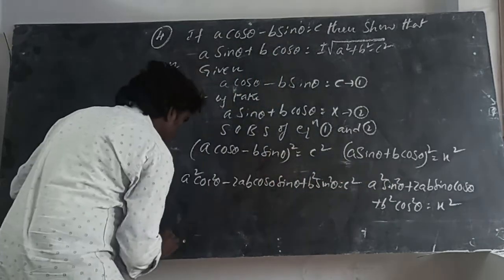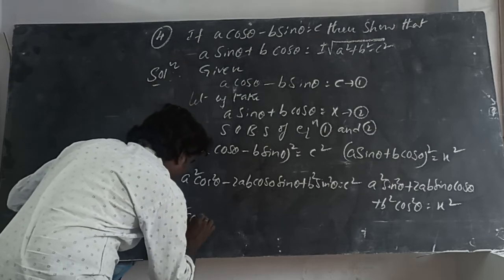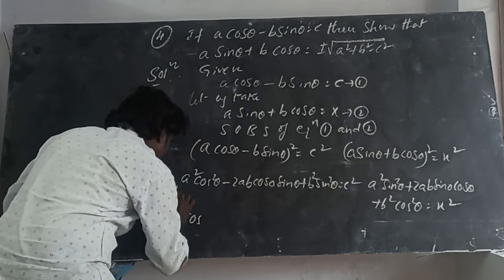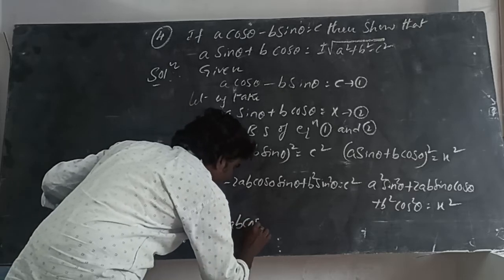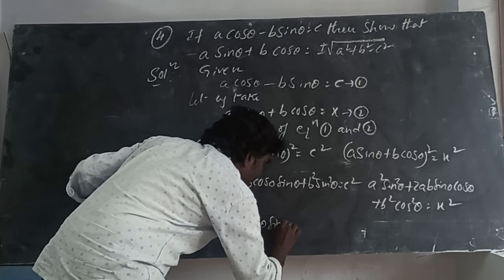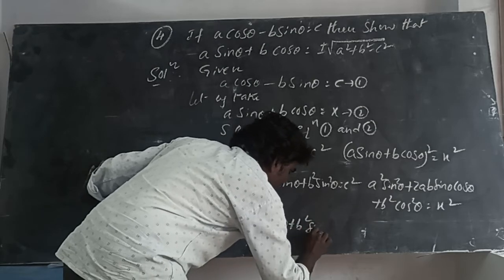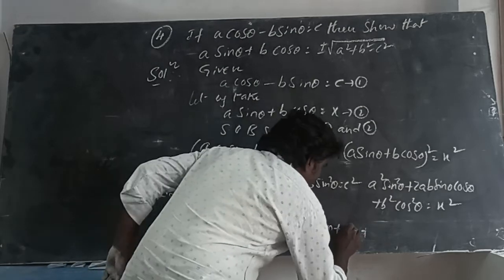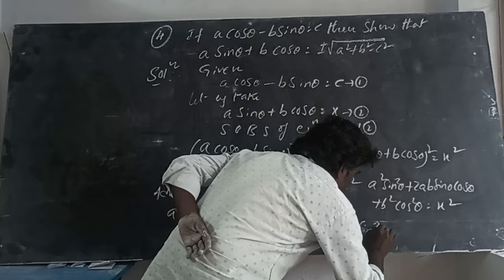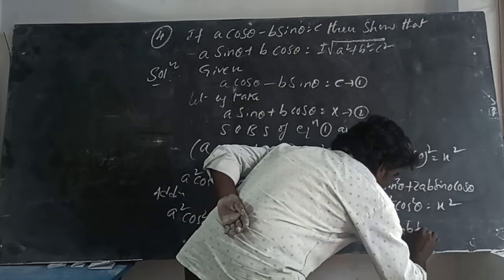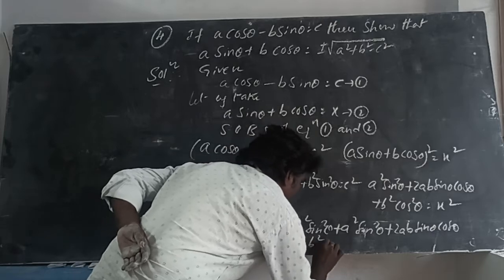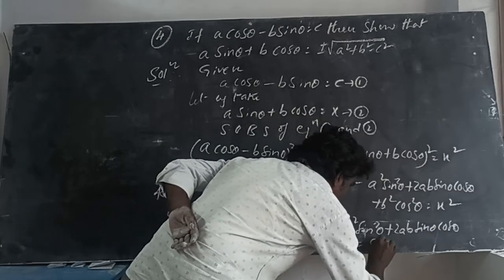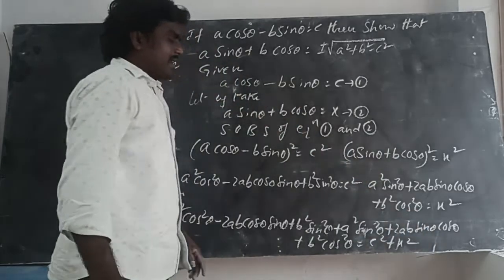When adding these two equations, we will get A square cos square theta minus 2AB cos theta sin theta plus B square sin square theta plus A square sin square theta plus 2AB sin theta cos theta plus B square cos square theta is equal to C square plus X square.